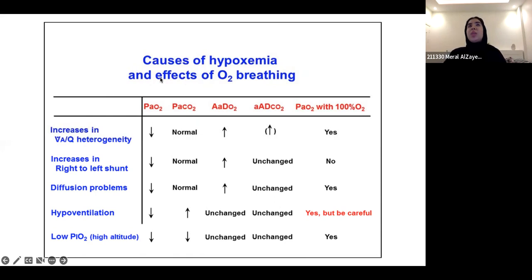And why do we calculate the partial pressure of inspired air in the first place? Because we want to compare it to the partial pressure of oxygen in the alveoli. Why do we need to know the partial pressure of oxygen in the alveoli? Do you guys know?